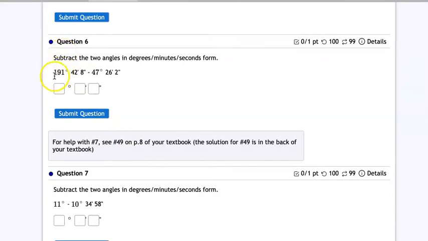The reason I wanted to look at this one is because we have some extra difficulty here when we're adding 42 minutes and 26 minutes. So let's start with 191 plus 47, which is going to give us 238 degrees.